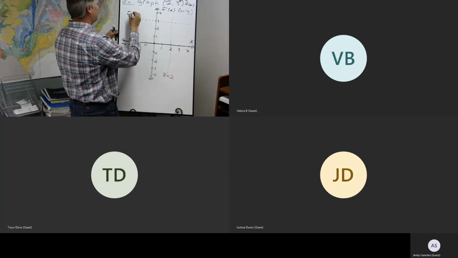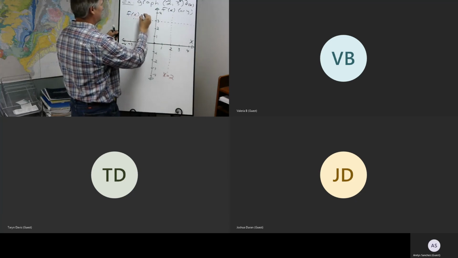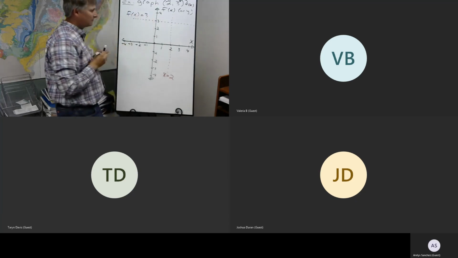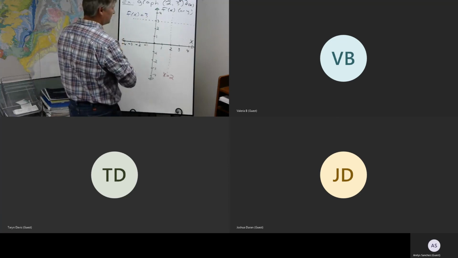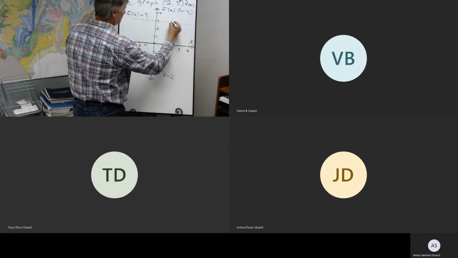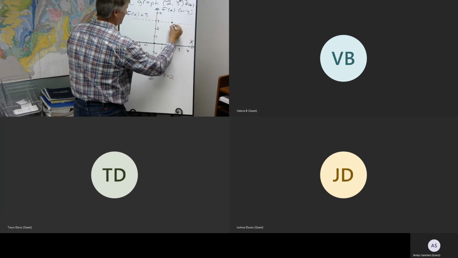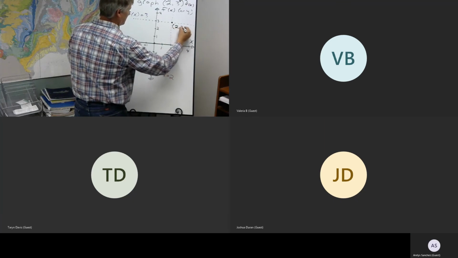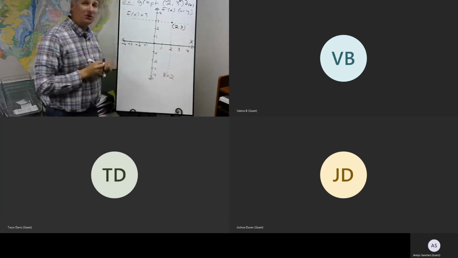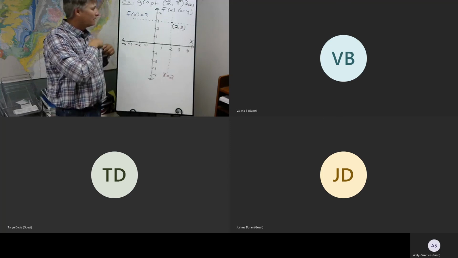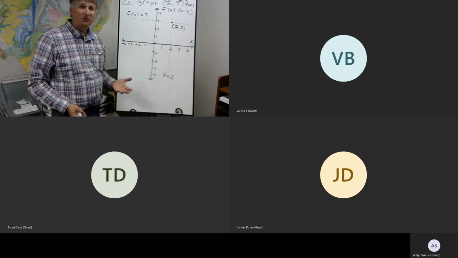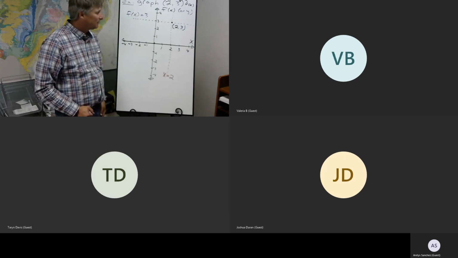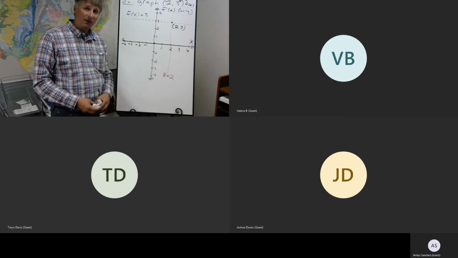So this would be f of x equals 3. And where these cross, that is the location of that point. So this would be 2, 3. That's where that point is located. Questions about that?